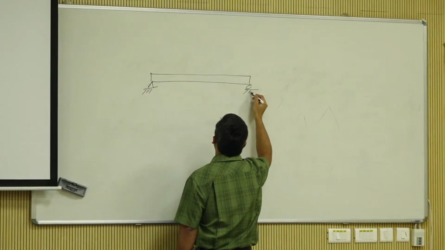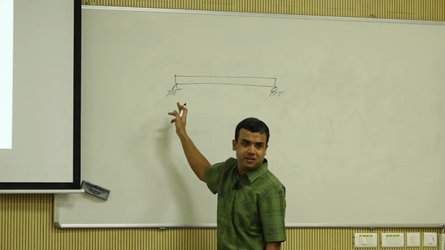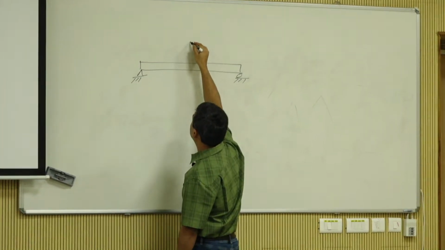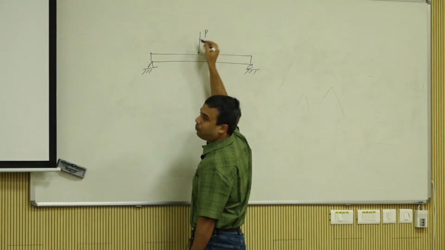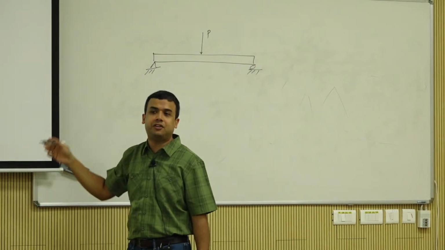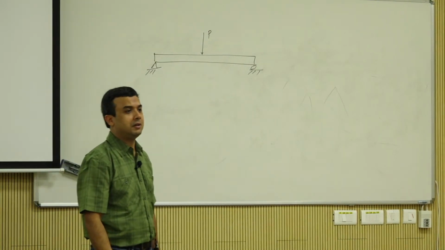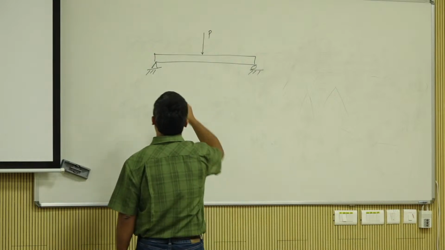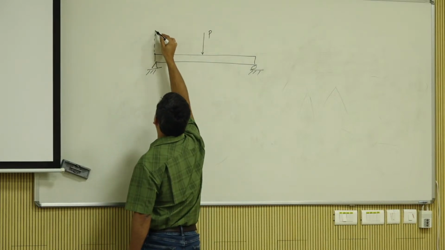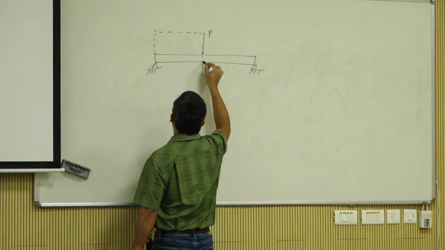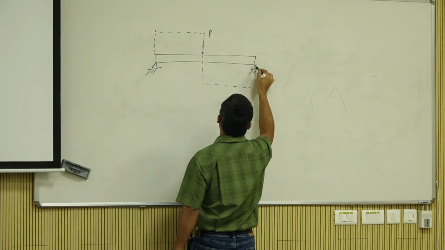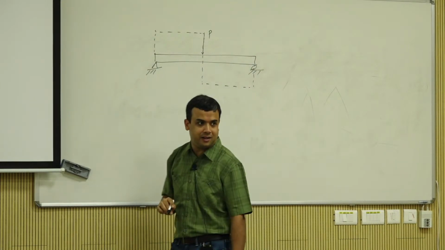It is this simple, folks. Simply supported beam, point load. How does the shear force diagram look? This, right?